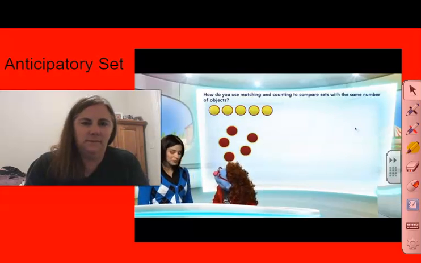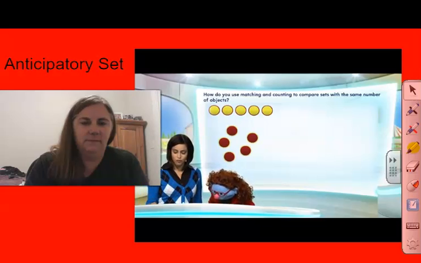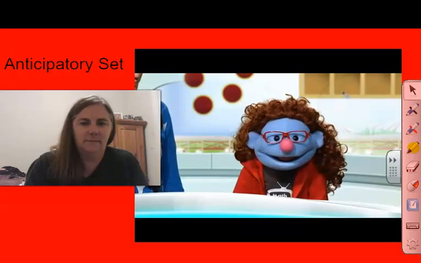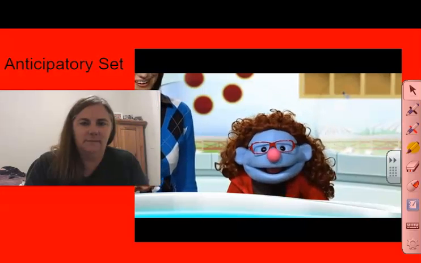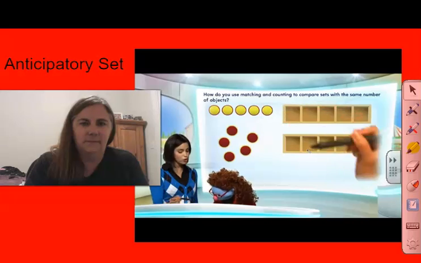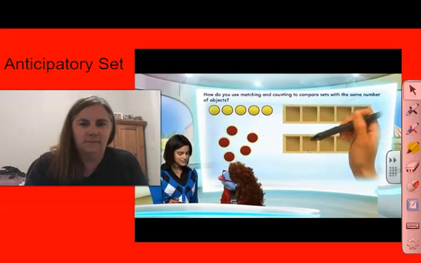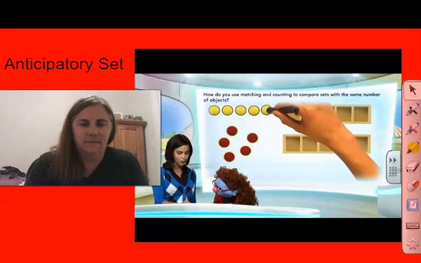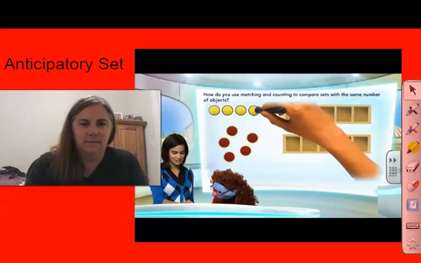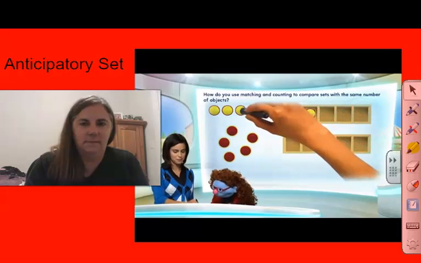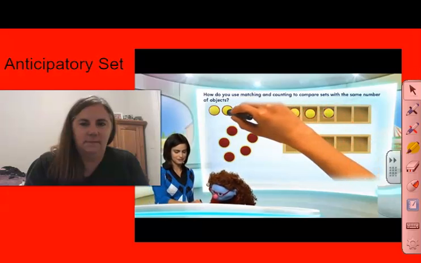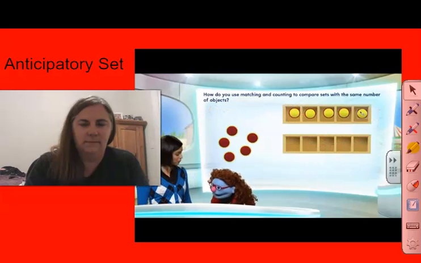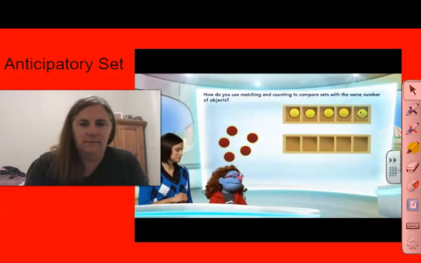I agree with you. So why don't we use frames to organize our counters. That's even better. All right, so let's go ahead and start with your counters, the yellow ones, and you can help me count. Oh, good. Okay, I'm ready when you are. 1, 2, 3, 4, 5. Great. I have 5 stars.